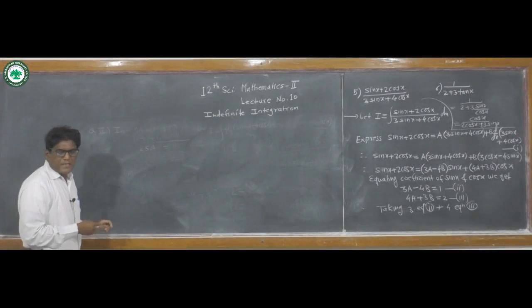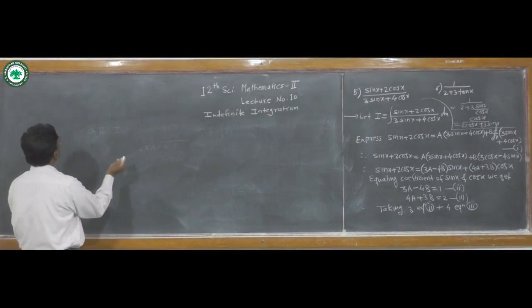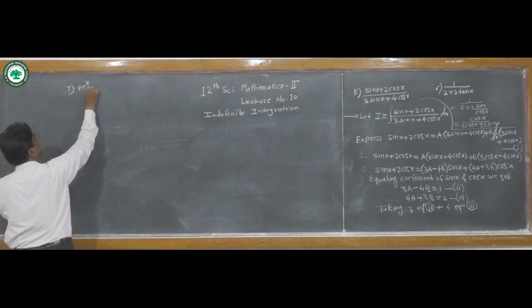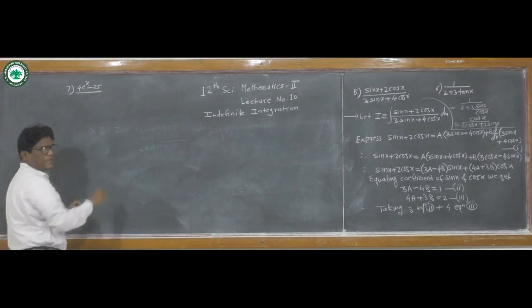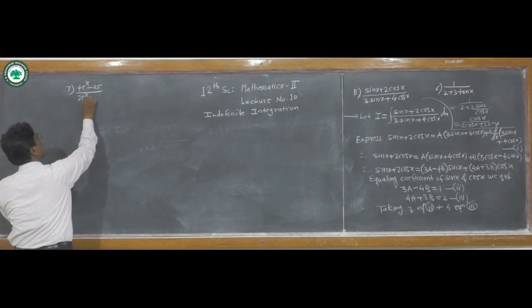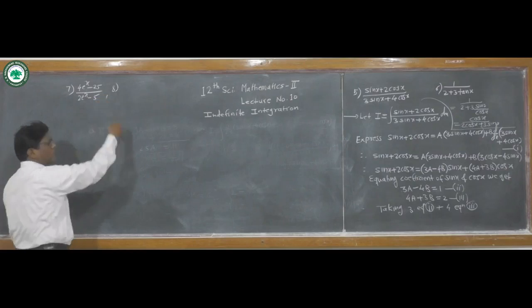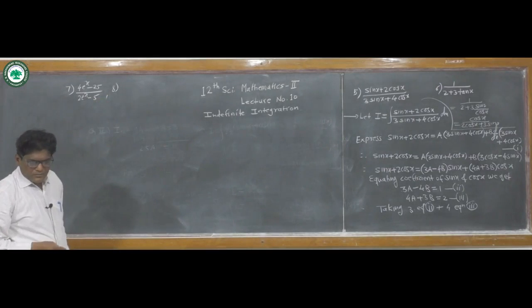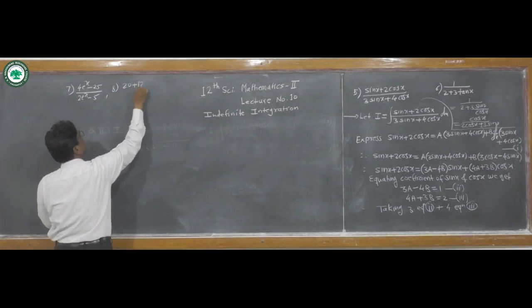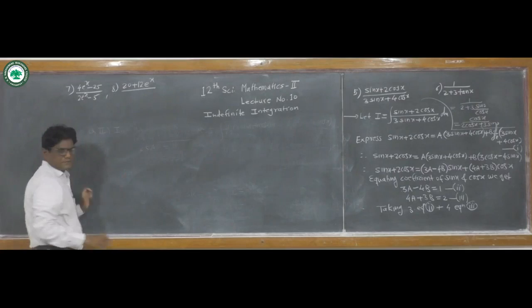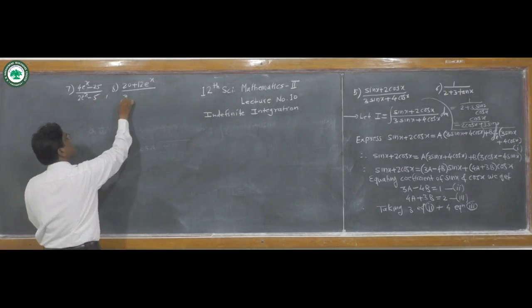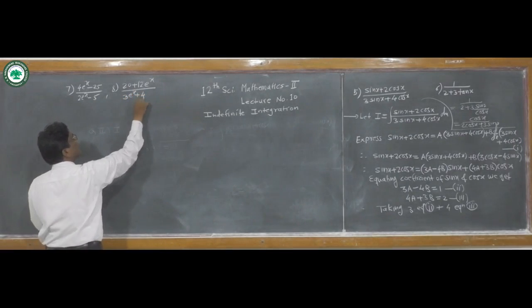The 7th problem: 4e to the power x minus 25 divided by 2e to the power x minus 5. Then the 8th problem: 20 plus 12 e to the power x upon 3e to the power x plus 4.